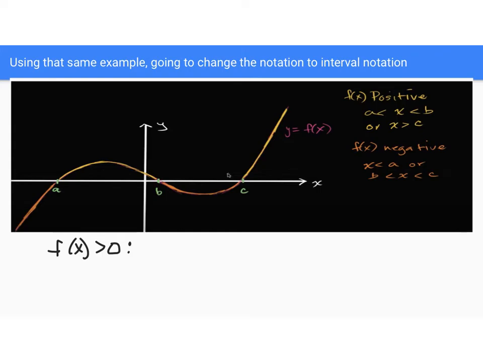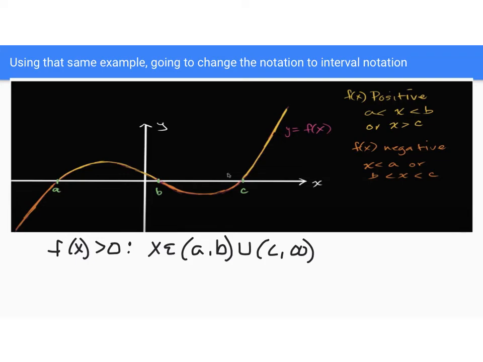So when I put his statements into interval notation, I would be looking for the region where x is an element between a and b in union with c to infinity. Those are his statements moving from inequality notation to interval notation.